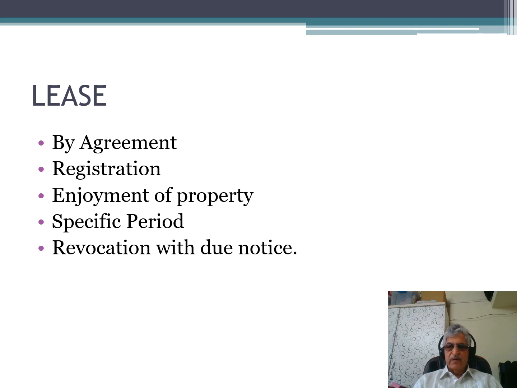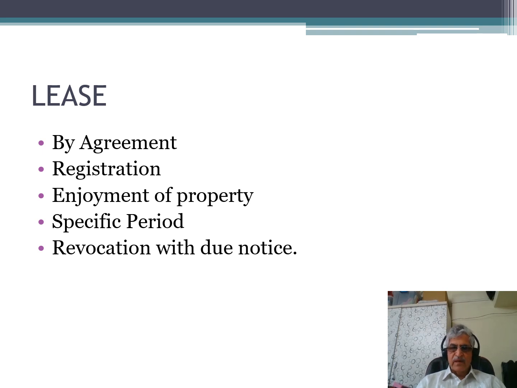If the unexpired period of that leased property is 5 years, then the bank should not accept this as a security for an advance which has a repayment of 7 years or more than 5 years.